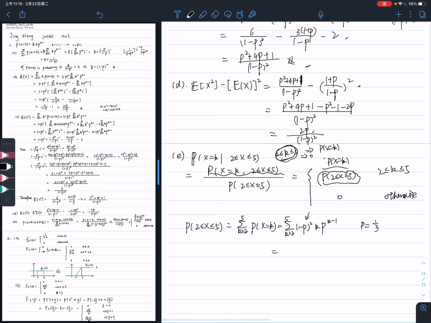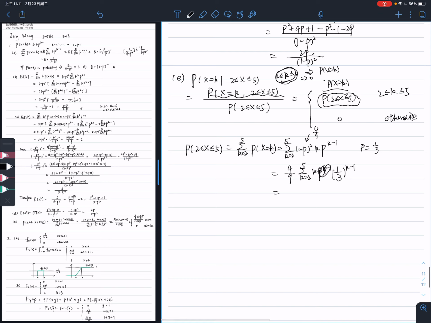So this part is 9 over 4. Right. So this is 9 over 4, sum of k equals 2 to 5 of k times (1/3)^(k-1). So by simplification, we know that it is approximately 0.5377.